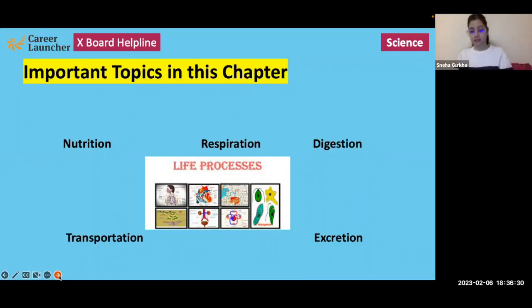And finally, excretion. It is very important to remember the diagram of the excretory system as well as the diagram of the nephron. The individual diagram of the nephron and its parts, and the entire process, what type of organism produces which type of excretory waste, which type of nitrogenous waste, right?